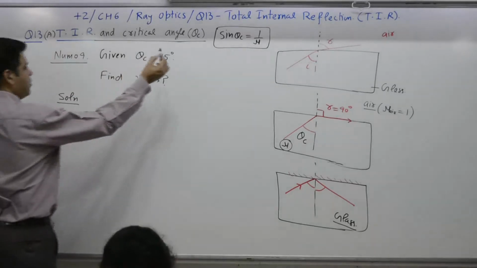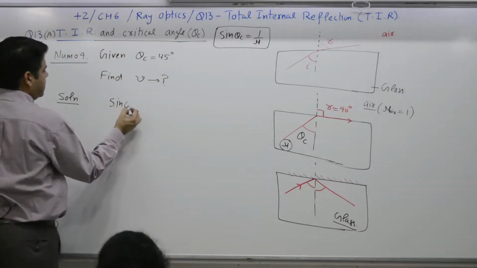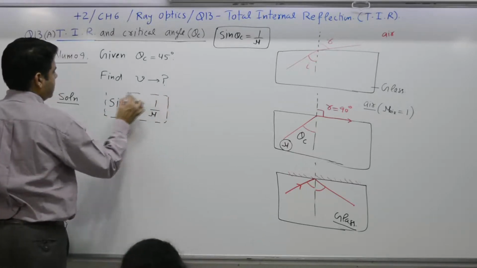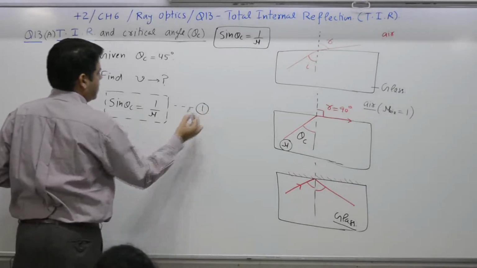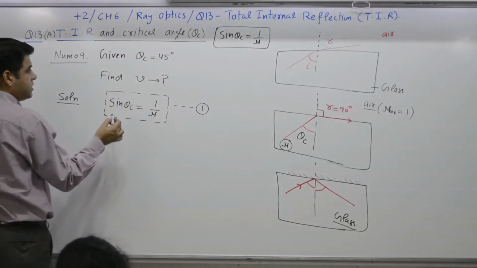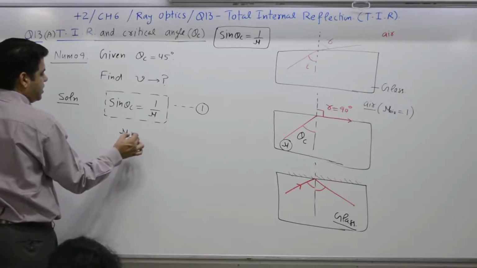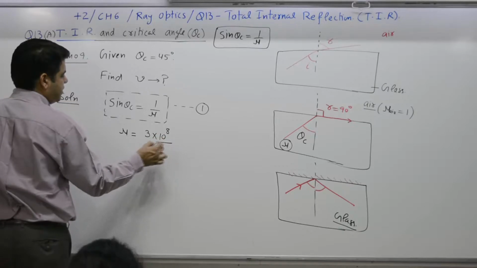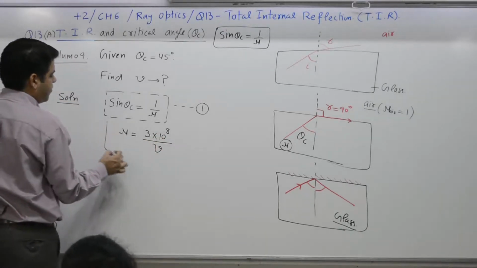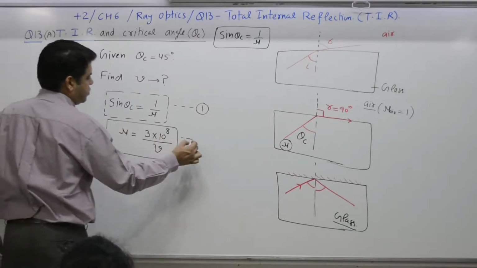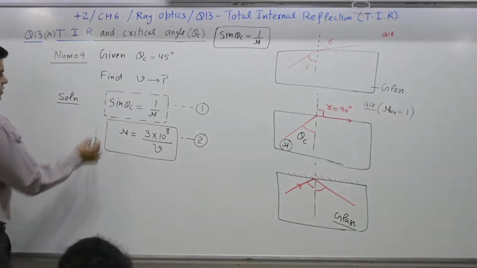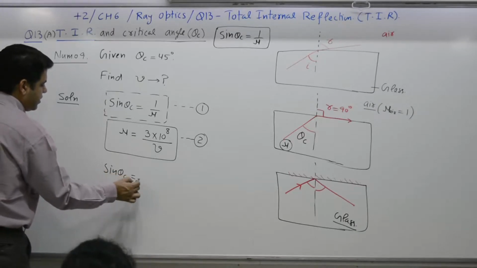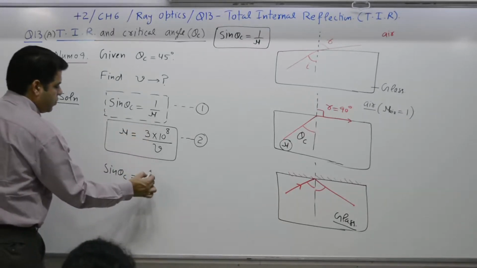Yes, one concept, sin theta critical is equal to 1 by nu. This is one equation. 2, nu is equal to speed of light in free space, 3 into 10 to the power 8, divided by speed in medium. From these two equations, what you get is sin theta critical is equal to 1 by nu.